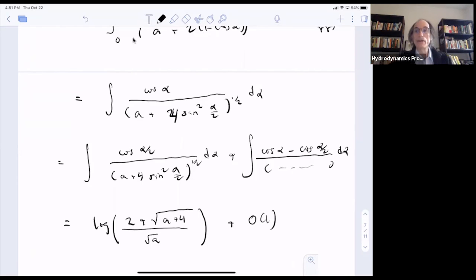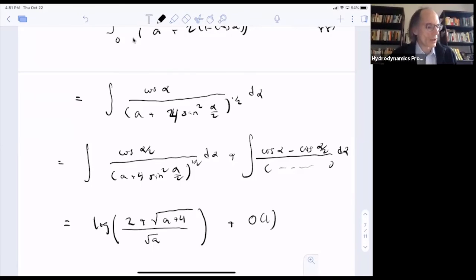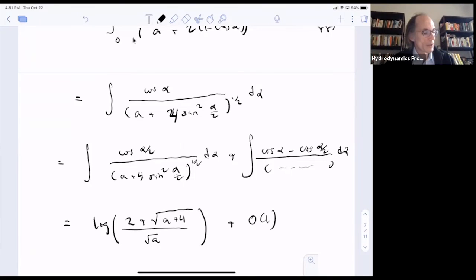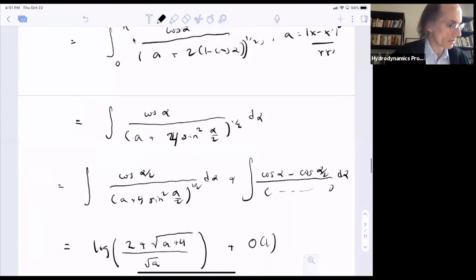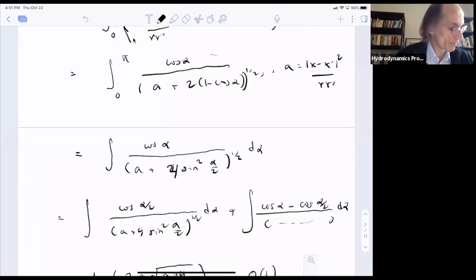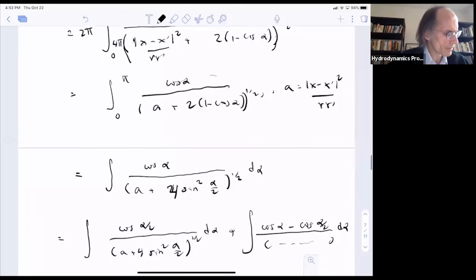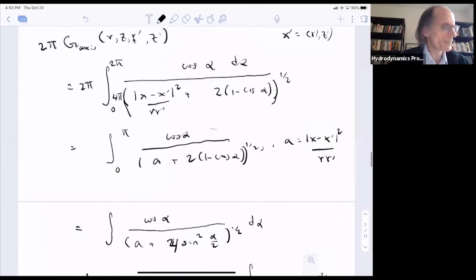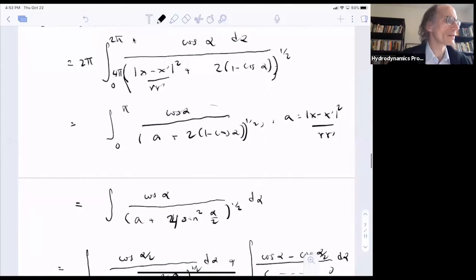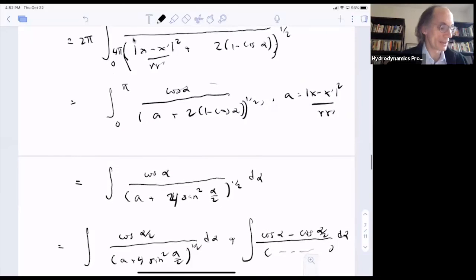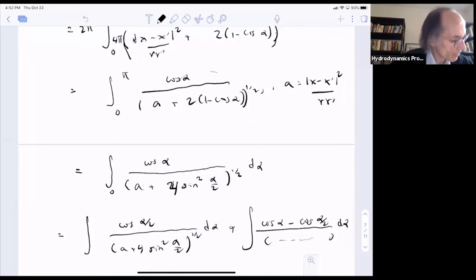And then the second part is bounded because, well, cosine. So I can see that the denominator is dangerous only... Okay.